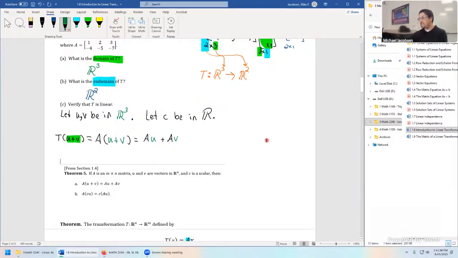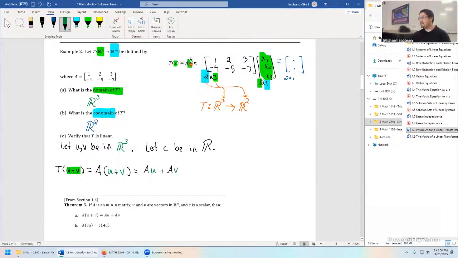Let's bring it up so we can see some properties all at once. So we used the definition of the mapping going this way to get started, but now we're reversing it. We have a matrix times a vector here, another matrix times a vector there, and if we reverse the directionality, we get the mapping T back.